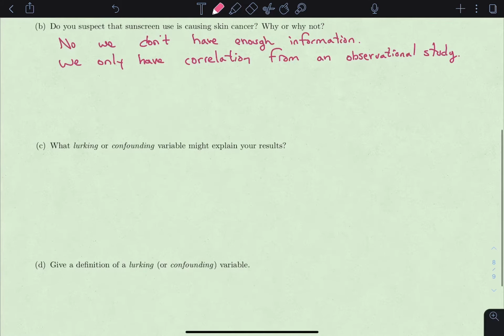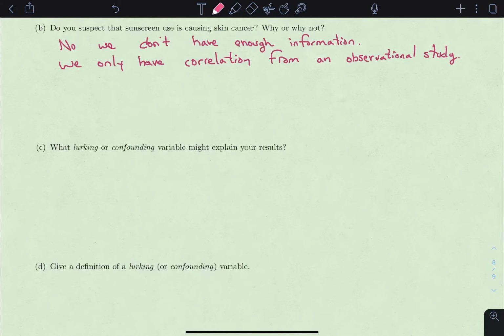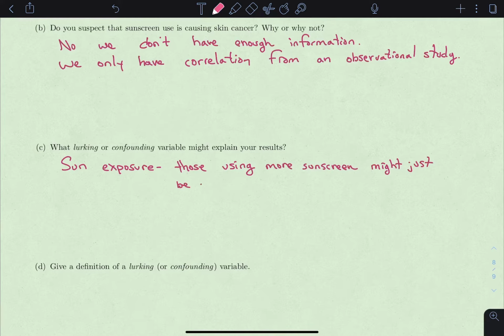And then we're asked, what lurking or confounding variables might explain your results? Sun exposure. Those using more sunscreen might just be in the sun more often, and therefore at higher risk.